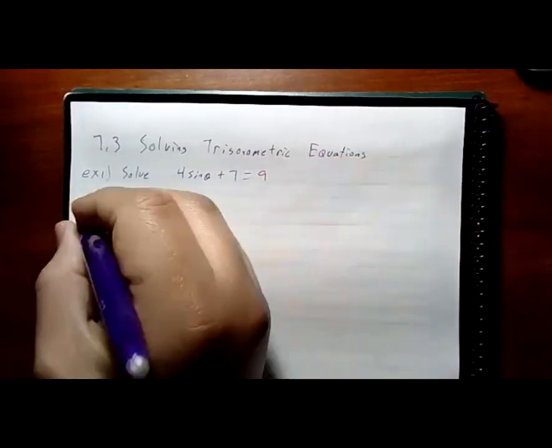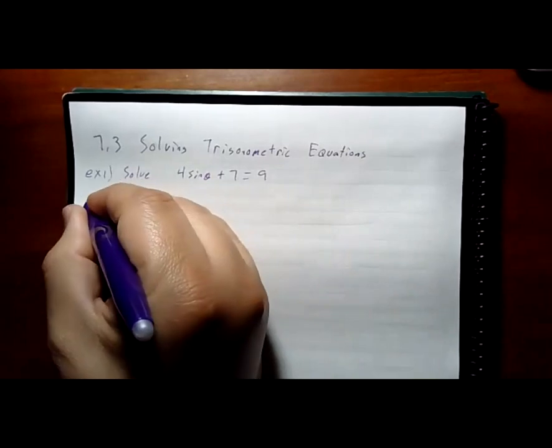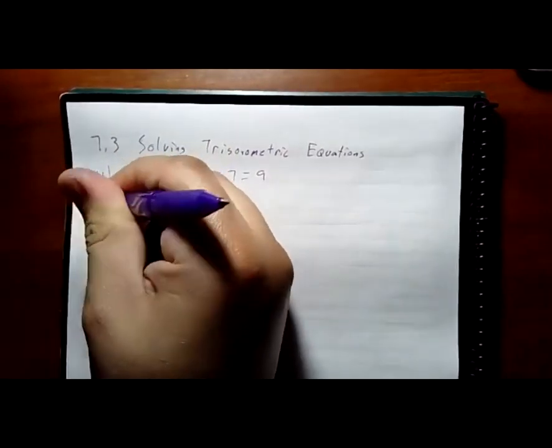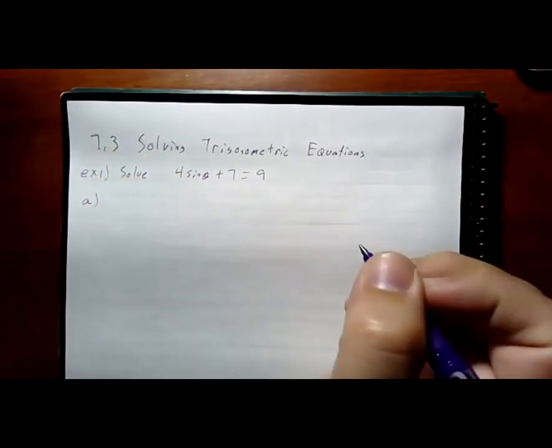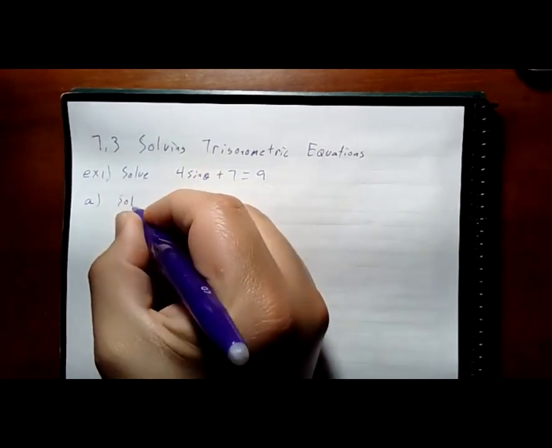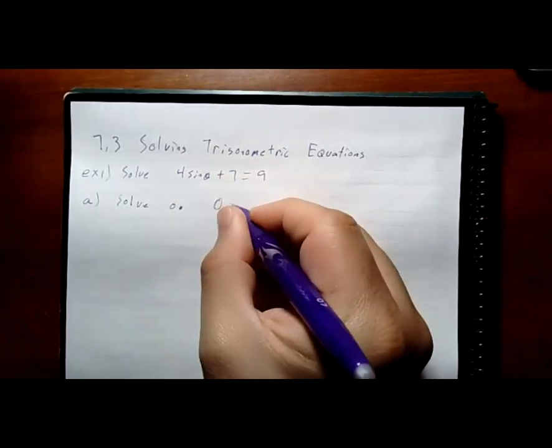The first thing I'm going to have you do is part A here. Solve on one period, or I should say, solve on 0 to 2 pi.